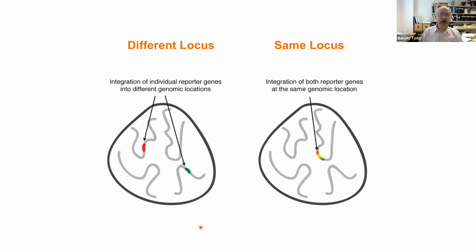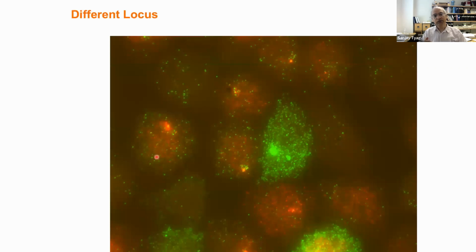And he said, I'm going to create 2 such genes in the same cell. One I will be able to probe with red probes, the other with green probes. But he did the experiment in such a way that in one case they went next to each other, and in another case on 2 separate locations in the DNA. And they showed completely divergent behavior.